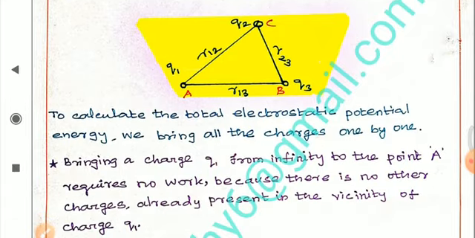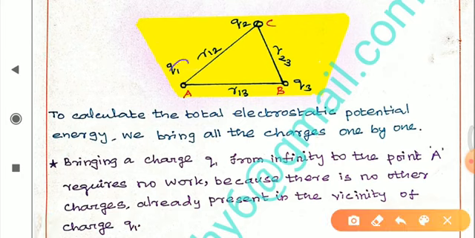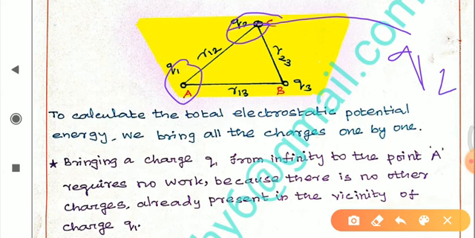To find the total electrostatic potential energy, we have to bring all the charges one by one. For example, if q1 is fixed, q2 has to be brought from infinity to that point. If q2 is brought from infinity to that point, some amount of work has to be done against the potential produced by the charge q1.